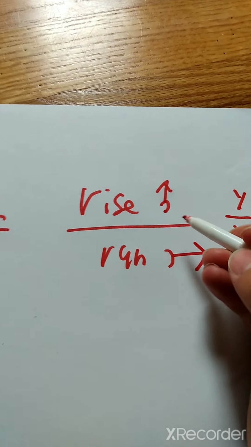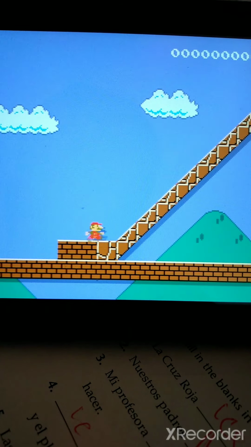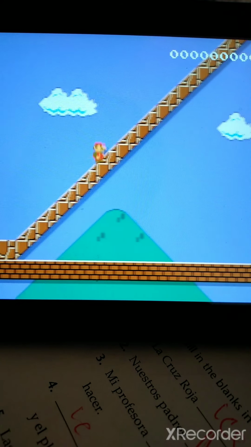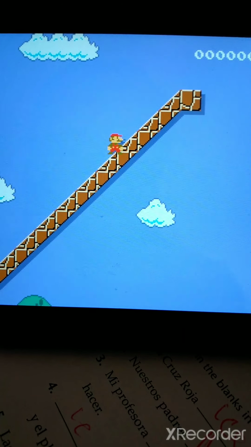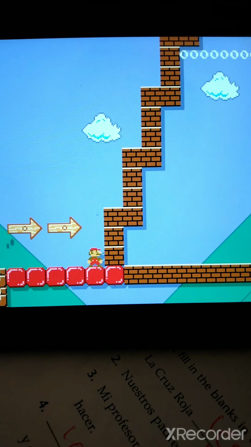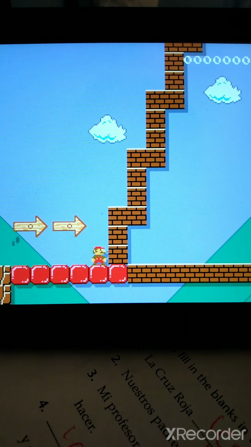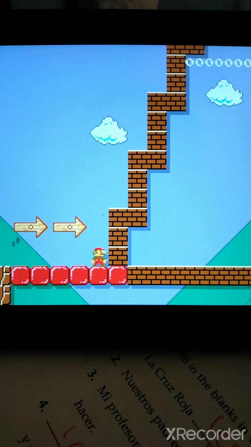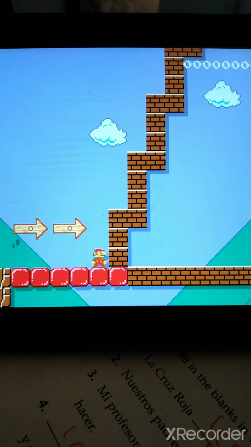But why do we say rise divided by run? The reason is when you're going up a slope, you rise, but you also run. Or if you want to look at it another way, let's say that Mario starts over here. He wants to get up those stairs, but when we're doing a slope, the reason why it's rise over run is because he has to jump, then run.